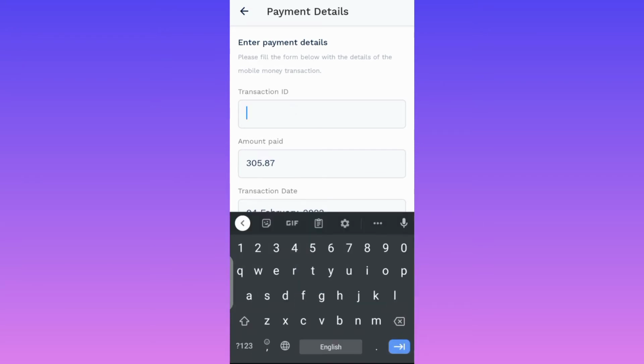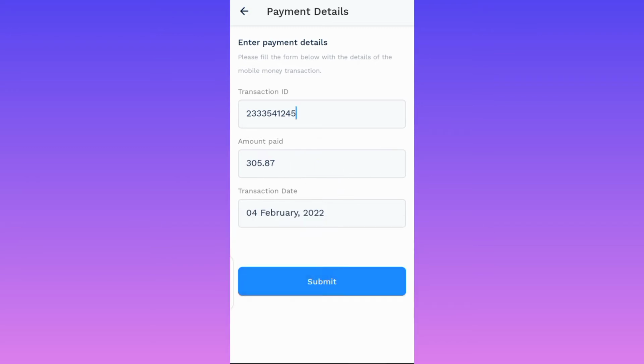So let's say my transaction ID is 233324. They automatically put the amount over here, so there's no need looking for the amount, and the date is also here.